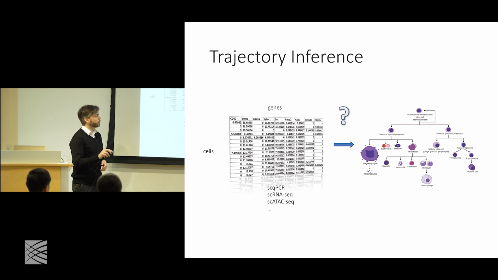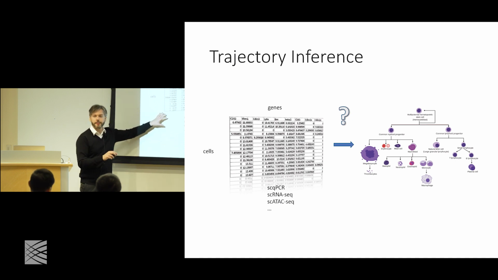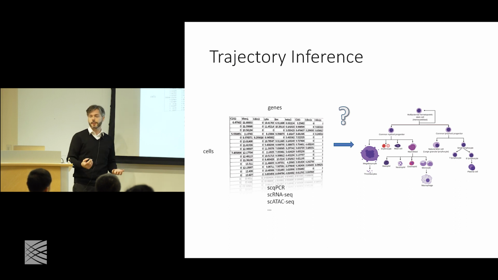And you can measure different things. You can measure by single cell qPCR or RNA-seq, or you can also measure chromatin accessibility or methylation. So starting from this matrix, how do we reconstruct the development and all the cell states that go from a more primitive state to a more differentiated state? So you want to reconstruct this tree or this graph, and also the smooth transitions that describe this process.